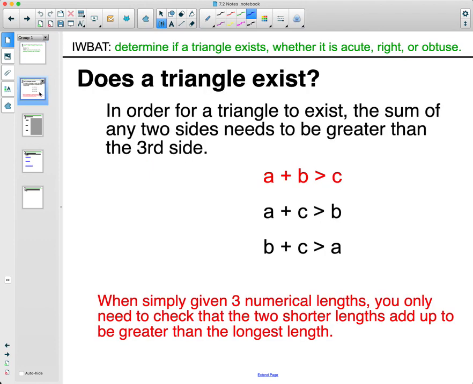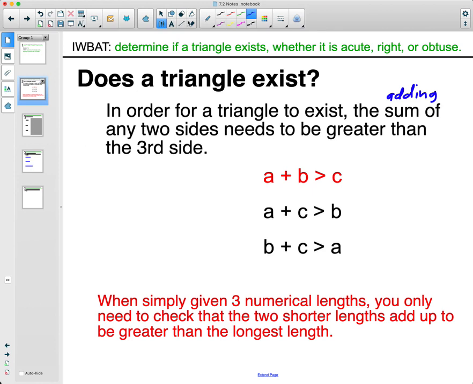When you decide if a triangle exists or not, in order for it to exist, the sum, which means addition, of any two sides needs to be greater than the third.